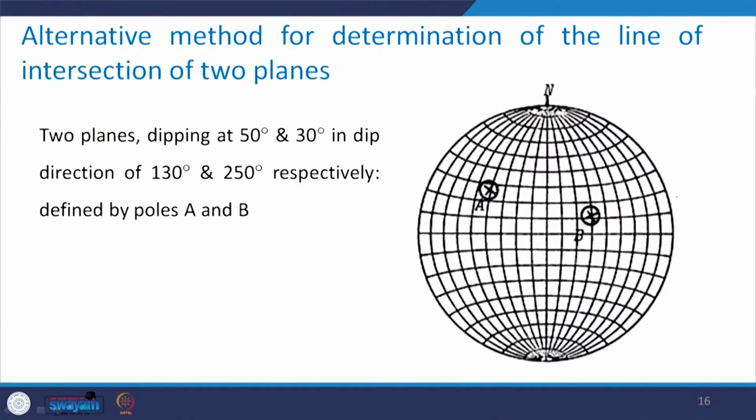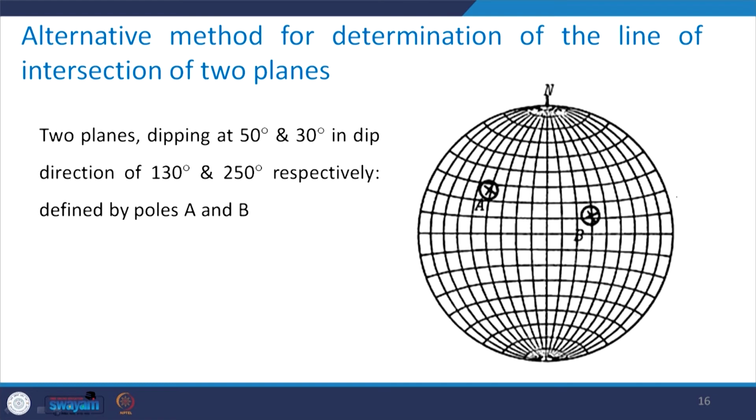These two lines will be lying on a plane which is represented by a great circle like this, and following this procedure and this procedure, we can find out the dip and dip direction of this plane as well. Now there is an alternative method of determination of the line of intersection of two planes.